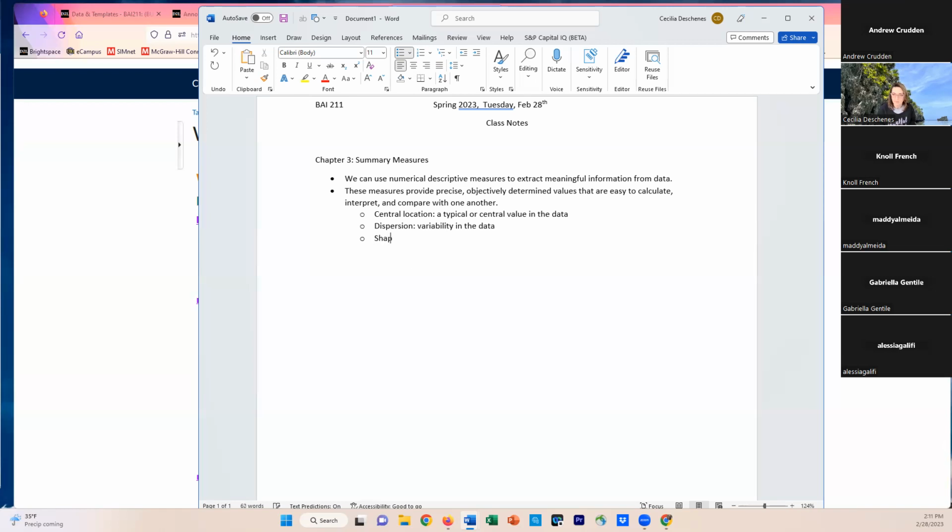Okay, then we're going to talk about shape, and this is whether or not the distribution is symmetric. That's probably the most important consideration for what we're doing. Certainly, there's other aspects to the shape of a distribution that can matter in other contexts. And then the big one for our 211 course is association. And we're going to start basically looking at correlation, which you may have heard of.